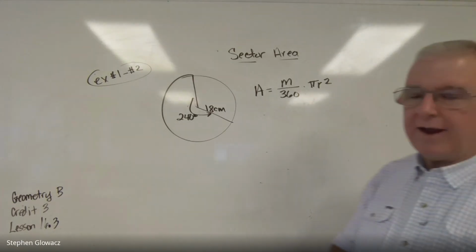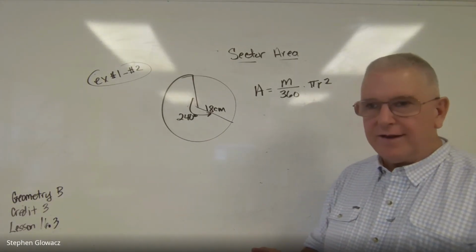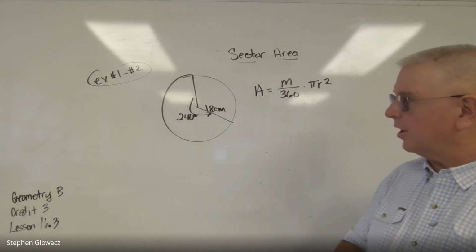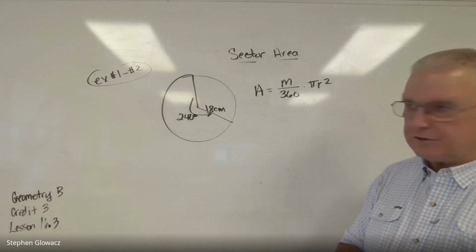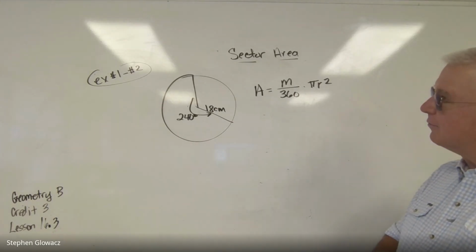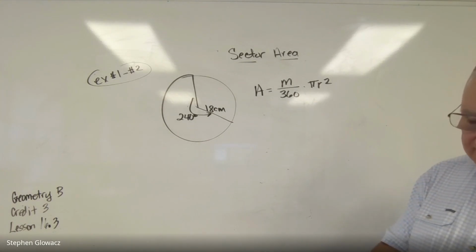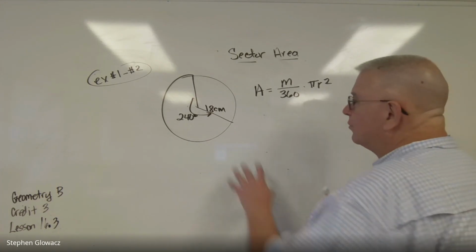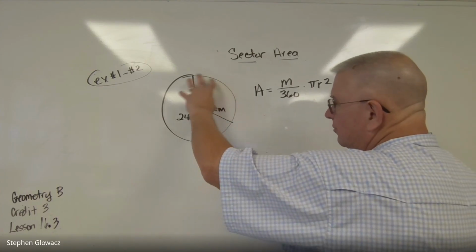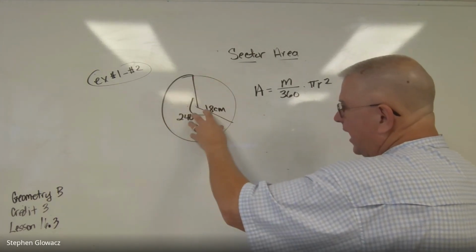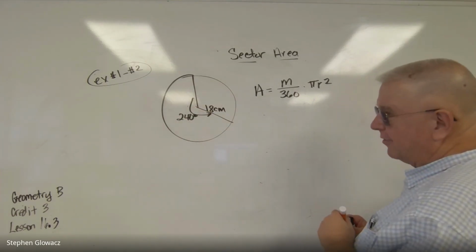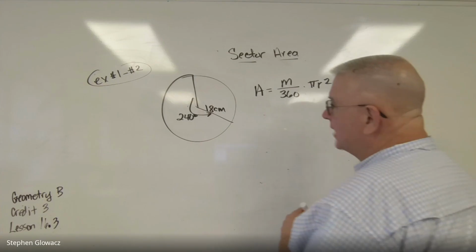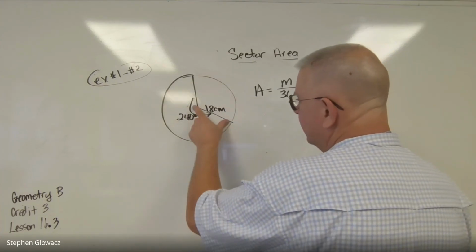So sector area is related to something we did a couple of lessons ago, where we found the area of a circle. Now, when we're trying to find the area of a sector, we're trying to find not the area of the entire circle, but only a piece of it. Notice we have this circle here. We're given the radius.